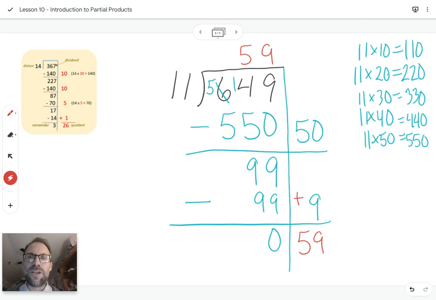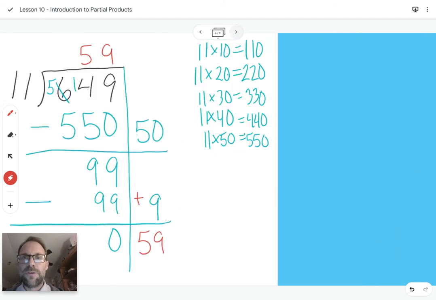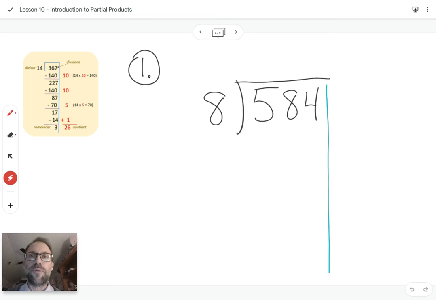Are you ready to try some on your own? All right, let's do it. You have 3 problems to do plus a challenge problem that's optional. I want you to try the first 3 problems, numbers 1, 2, and 3. But when you get to problem 4, it'll say challenge, and that's optional.